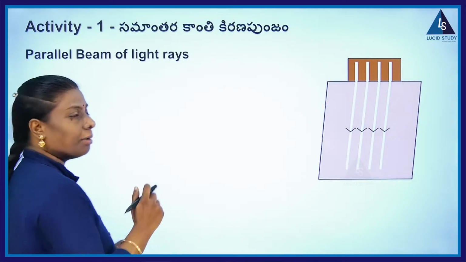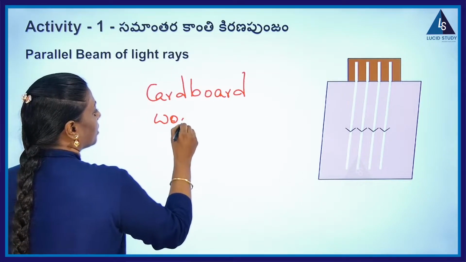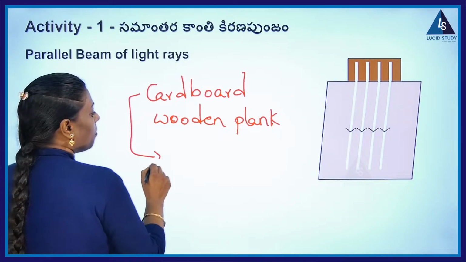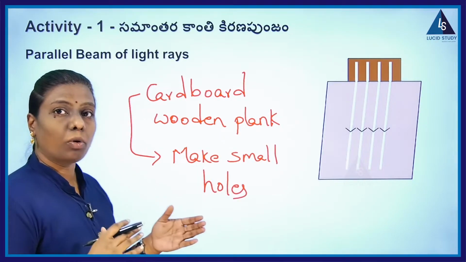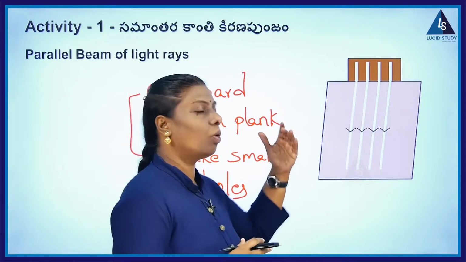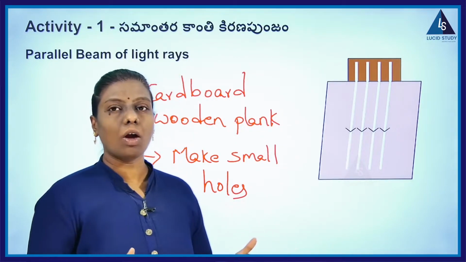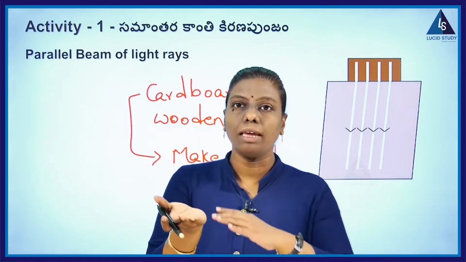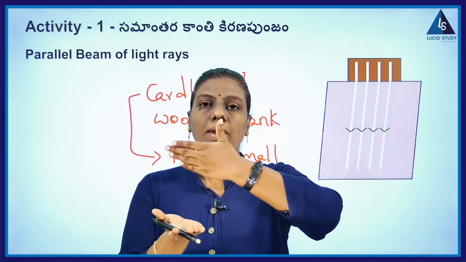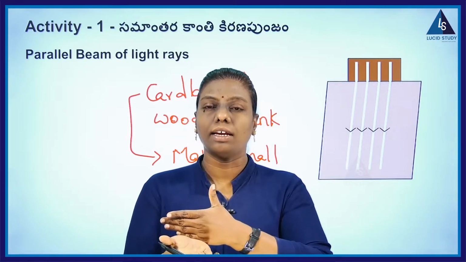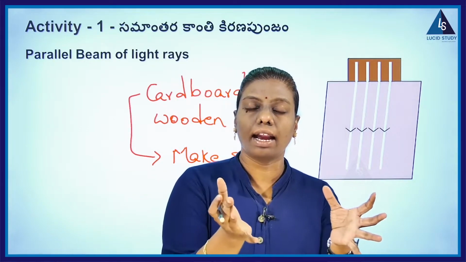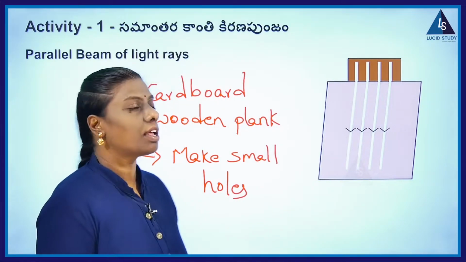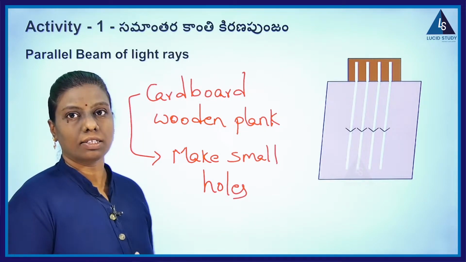Take a cardboard and a wooden plank. Make small holes in this cardboard, and place the cardboard perpendicular to the wooden plank. That means if you keep the wooden plank like this, place the cardboard like this, perpendicular to the wooden plank. Now take this apparatus and keep it in the mid sunlight.